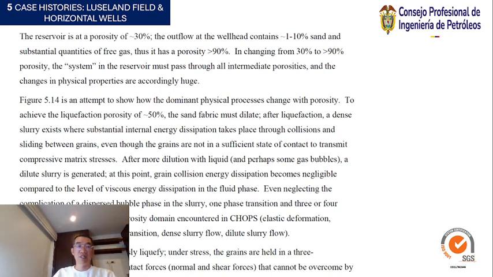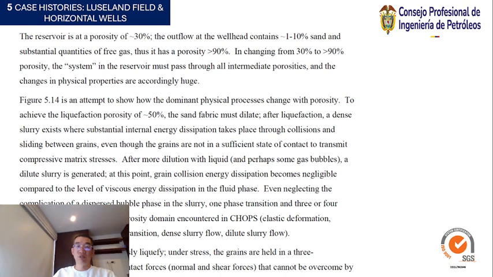A dense slurry exists where substantial internal energy dissipation takes place through collision and sliding between grains, even though the grains are not in sufficient contact to transmit the compressive matrix stresses.